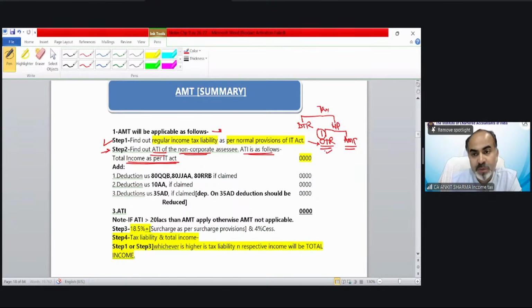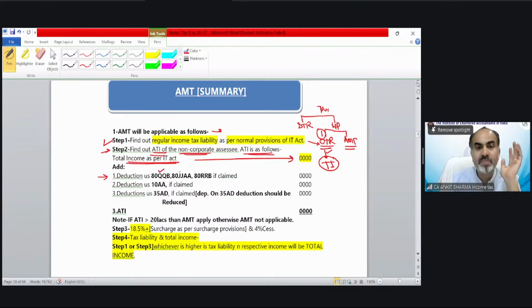The total income as per optional tax regime. So whatever your total income in this optional tax regime, you need to consider it. The total income, not the net profit. In this total income, you need to add back these specific deductions. Only 3 deductions you need to add back if already claimed.